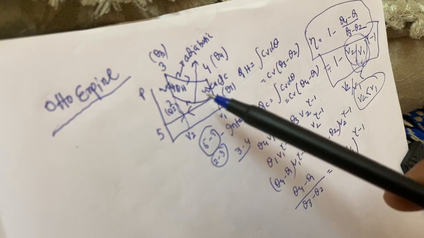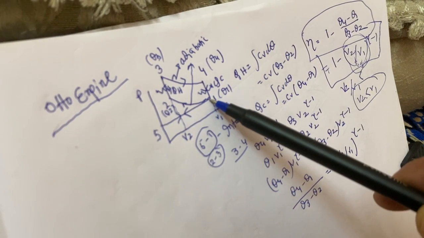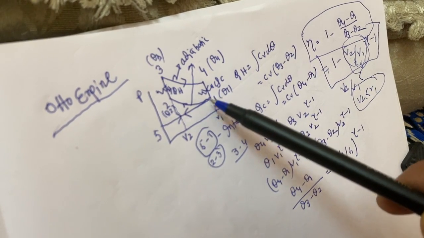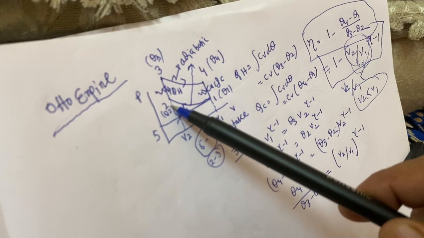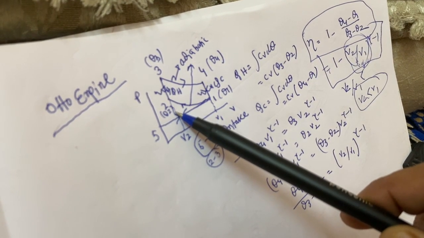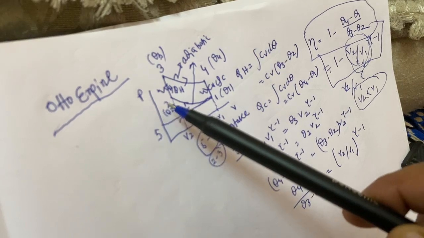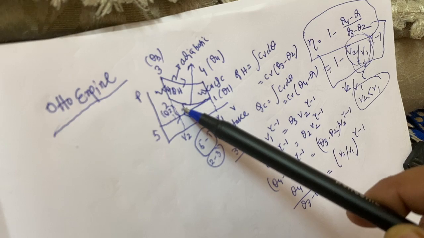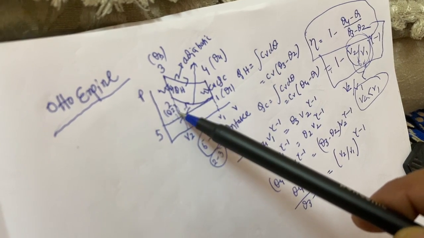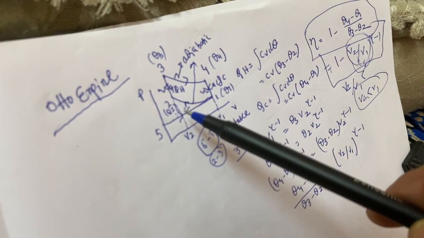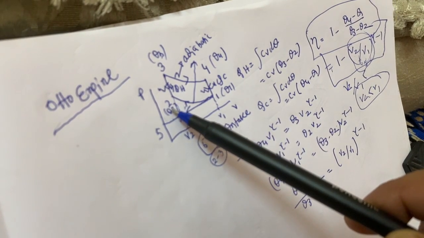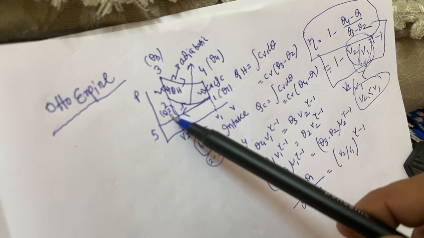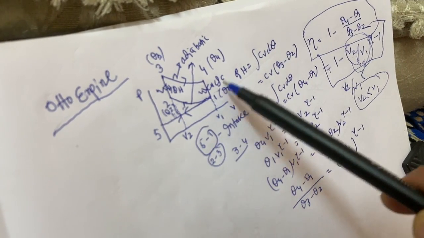This is because we have taken a mixture of air and gasoline here. Gasoline has a fixed ignition temperature. This theta 2 cannot be made so high, because if theta 2 becomes greater than the ignition temperature, then gasoline will burn. So, we cannot make this theta 2 so high that gasoline burns.